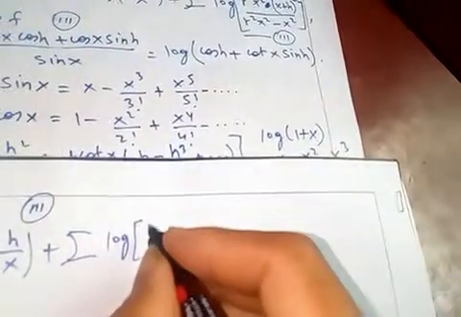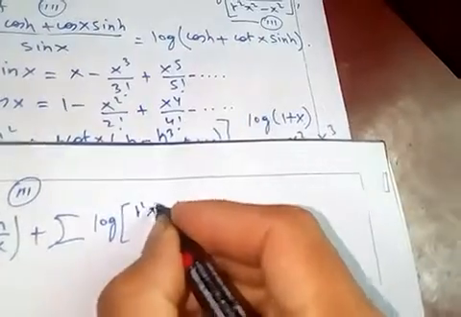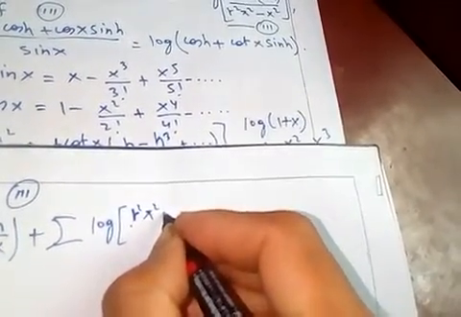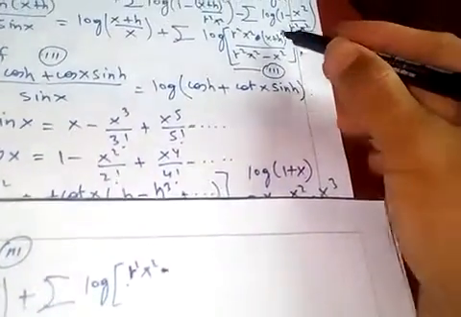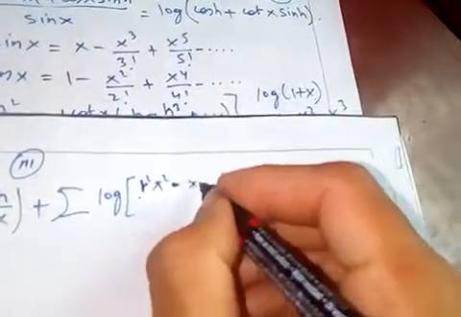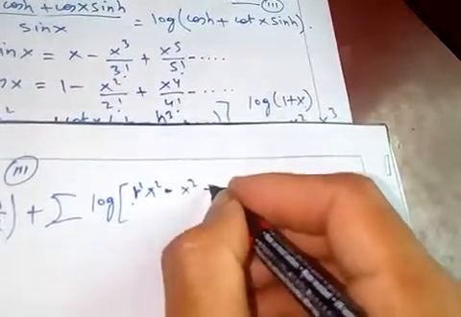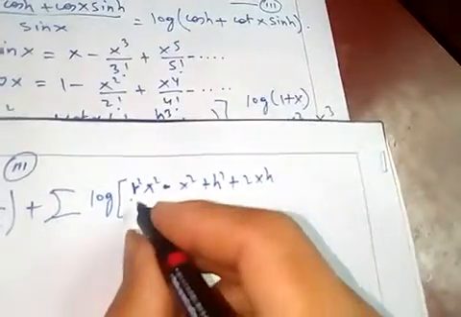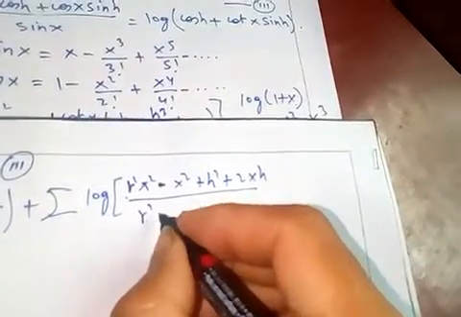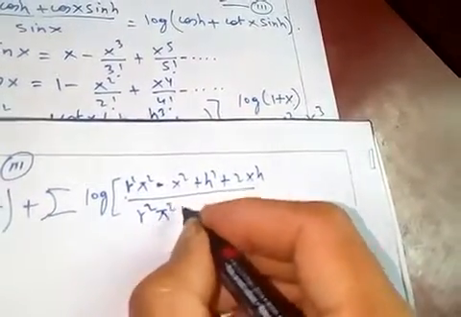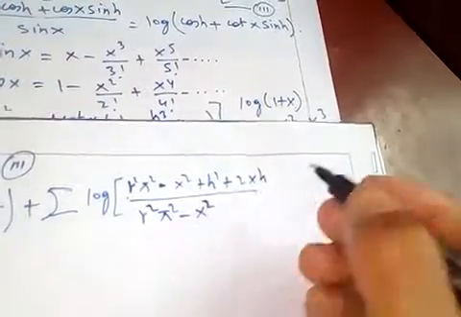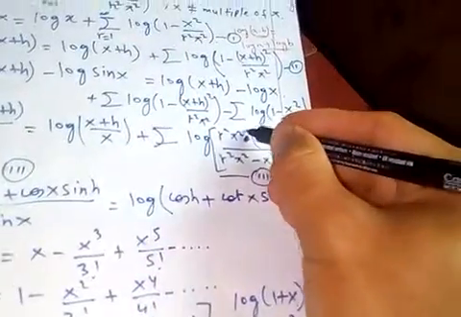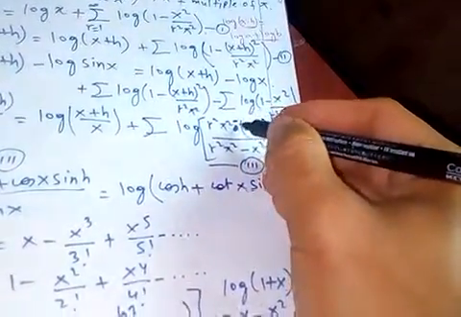Let's split here: r square pi square over, let me take minus, and this is (a plus b) whole square, a square plus b square plus twice ab, over r square pi square minus x square. Between these two it will be minus.